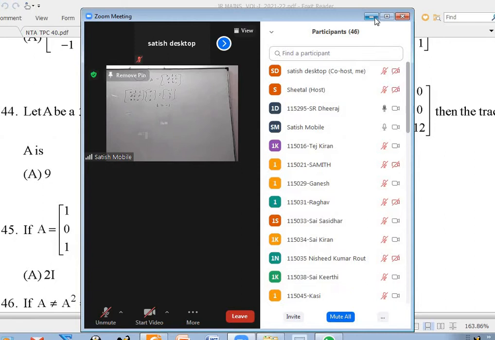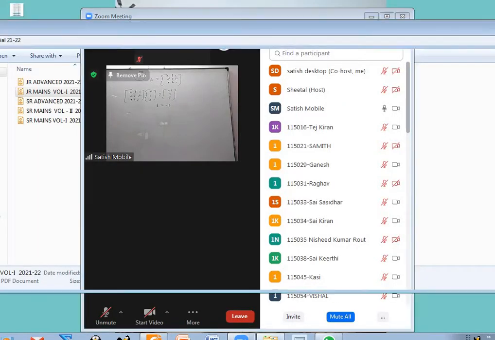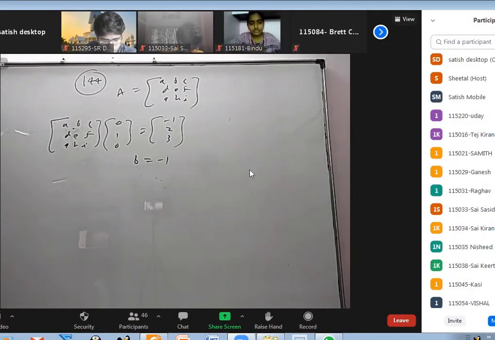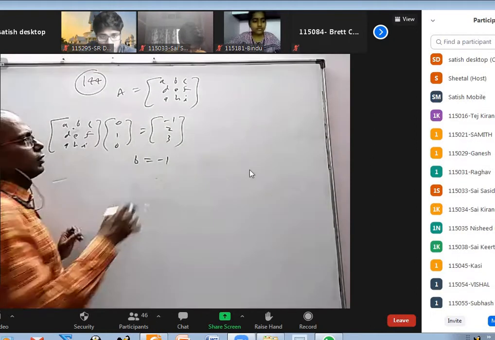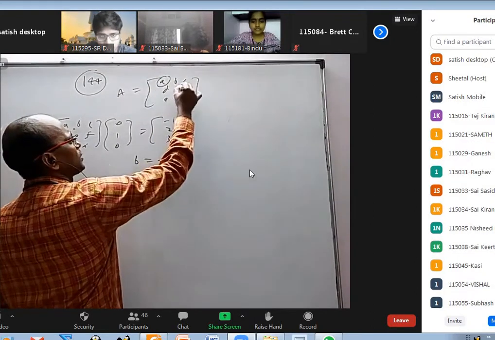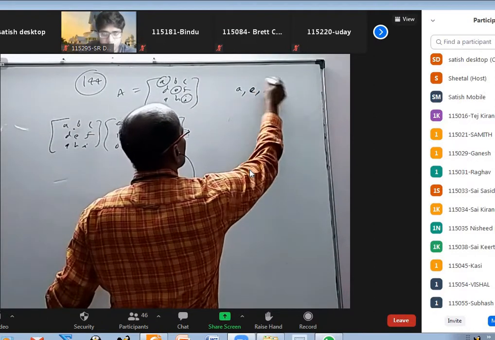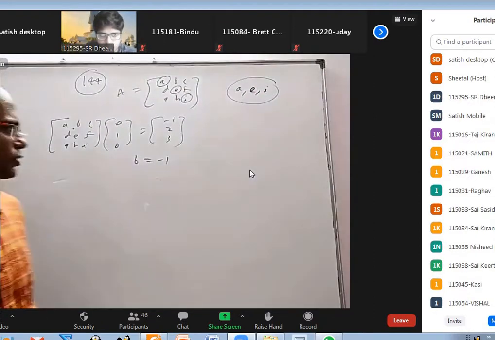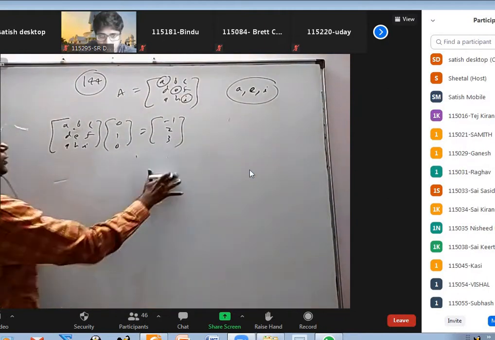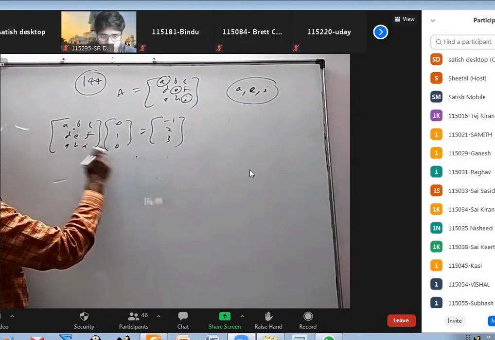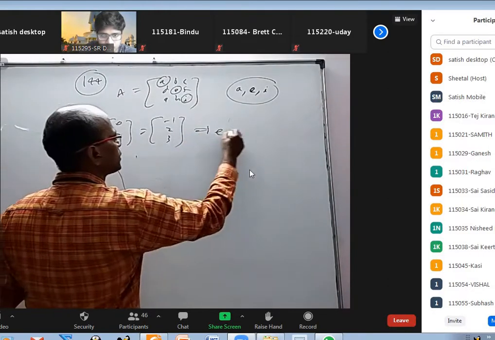But let us not waste time finding them, because we are only interested in the trace. I should worry about what I'm interested in. I'm interested in finding A, E, I only, so I don't want to waste my time finding other things. This into this gives me E, that is equal to 2. So E equal to 2 is good, right?